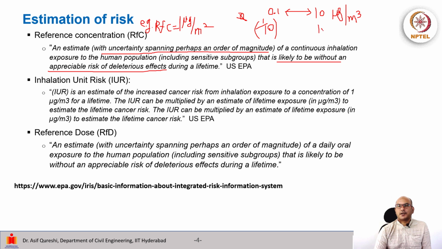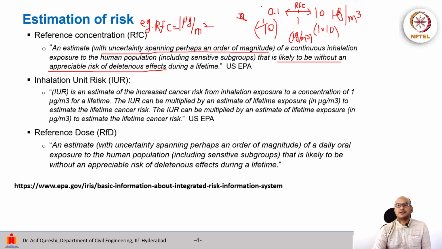Which is 1 multiplied by 10, and our RFC is somewhere here. On a log scale this will be our RFC, which is 1. I will write units here. So the RFC is 1 with uncertainty spanning perhaps an order of magnitude.